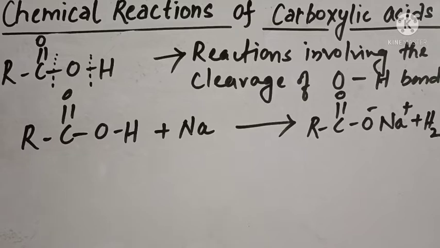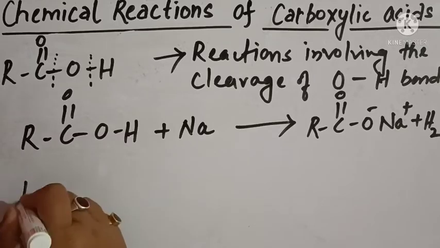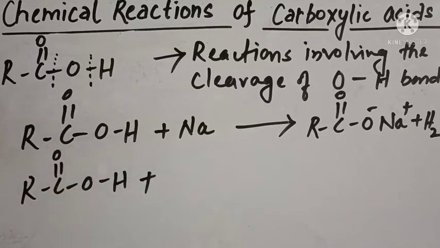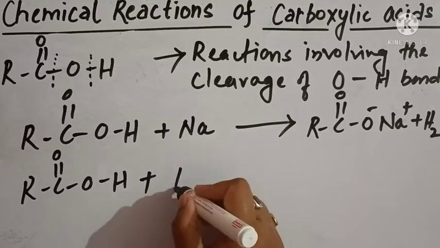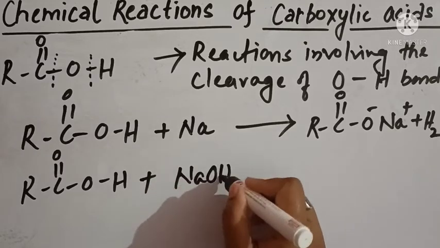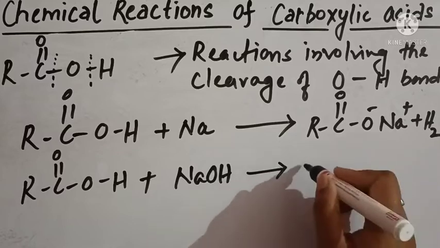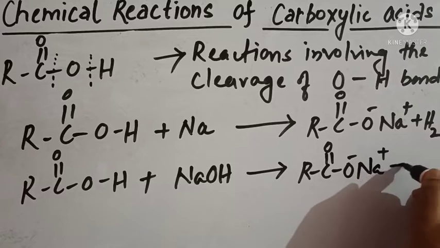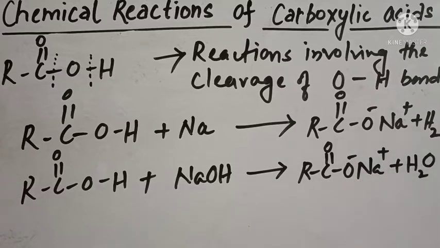As carboxylic acids are quite a bit more acidic than alcohols, they can also react with NaOH. If treated with an alkali like NaOH, it gives the corresponding salt, the sodium carboxylate, along with a water molecule.